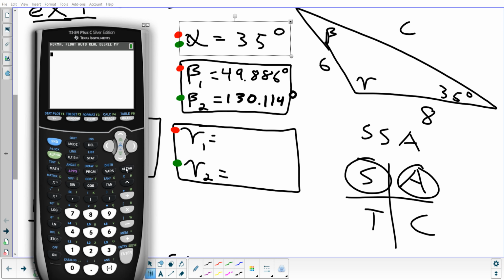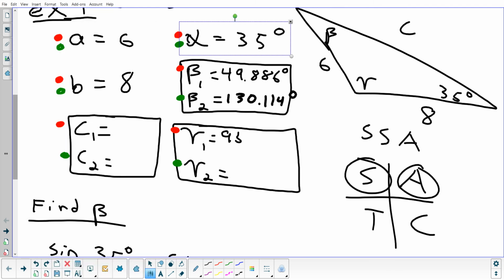Gamma 1 would be 180 minus 35 minus 49.886, which would be 95.114. I typed it in a little different than the way he said it, but it's the same thing. I'm just going to add those two angles together and then subtract from 180. So that gives me 95.114.